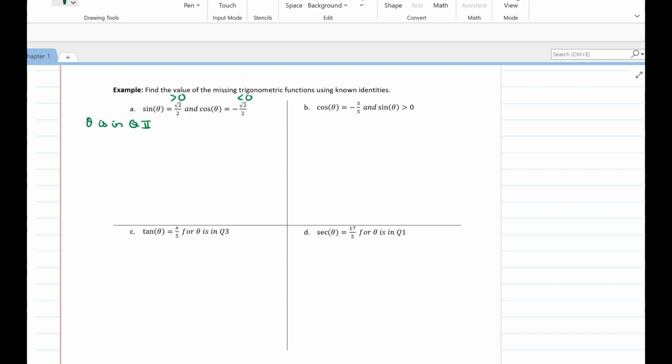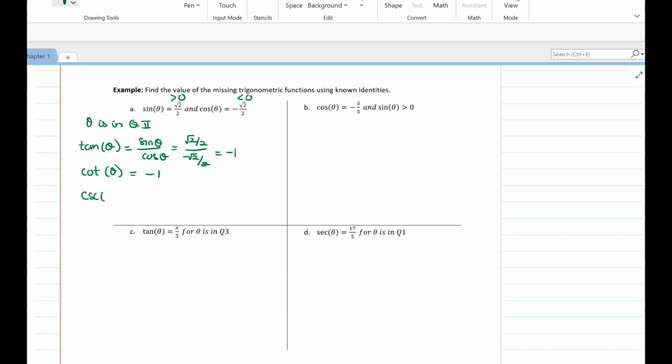The first one we find is tangent of theta, since we are given sine and cosine. So root 2 over 2 divided by negative root 2 over 2. This is negative 1. Then cotangent of theta is just the reciprocal of tangent of theta, so that is also negative 1.